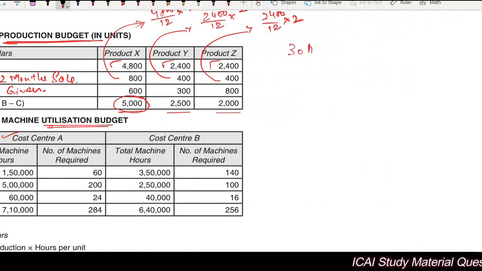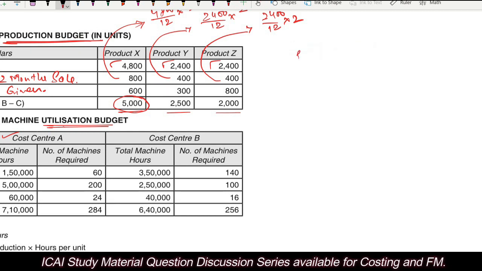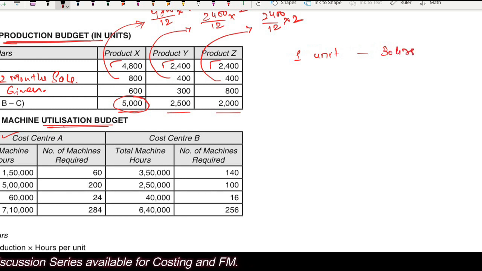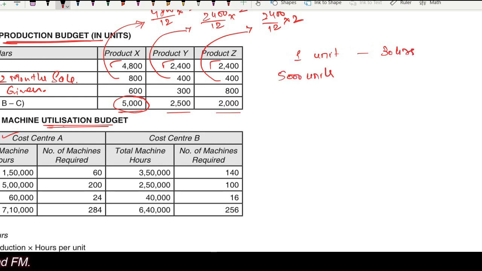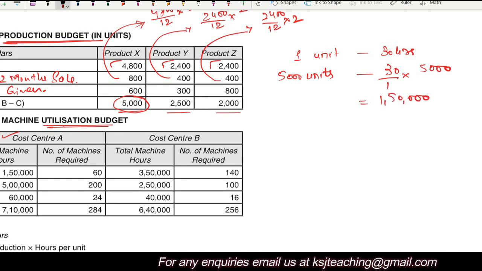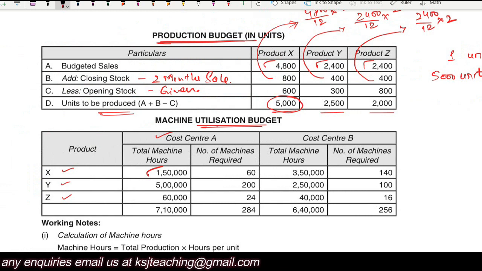Let me write it the other way. 1 unit requires 30 hours in A, and you want to manufacture 5,000 units of X. So 30 divided by 1 multiplied by 5,000 gives you 1,50,000 hours. Correct? 1,50,000 hours is the total machine hours required.